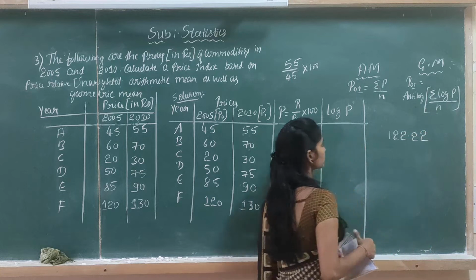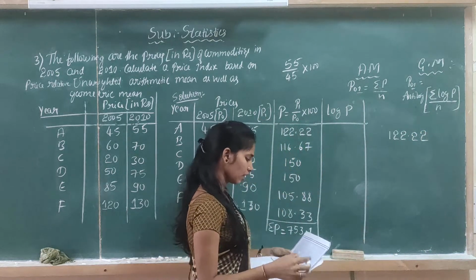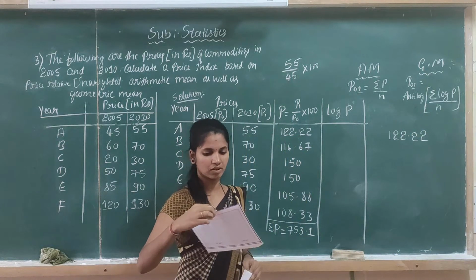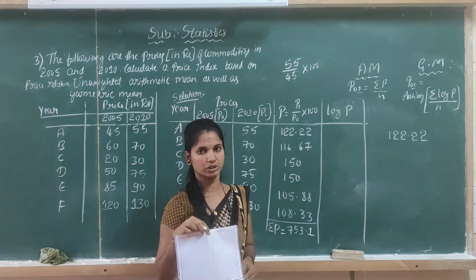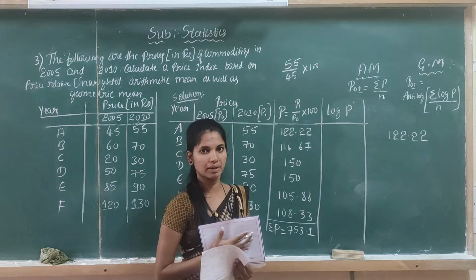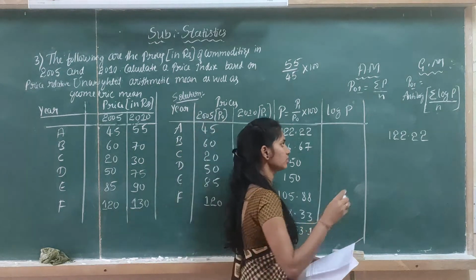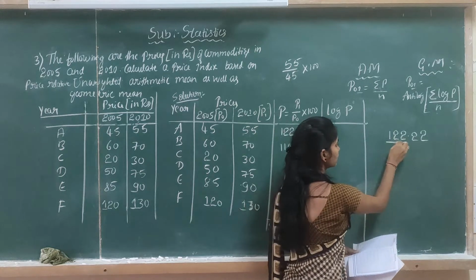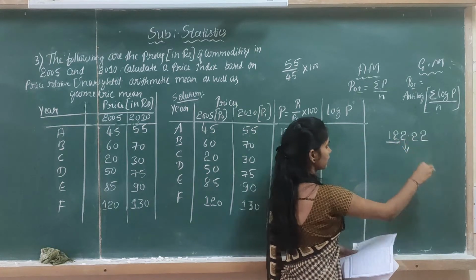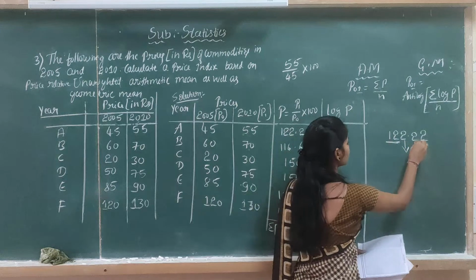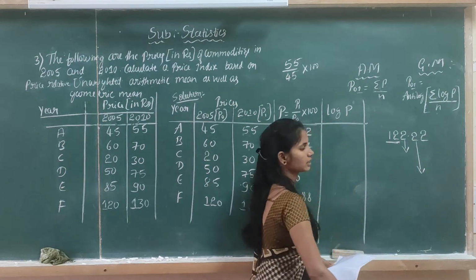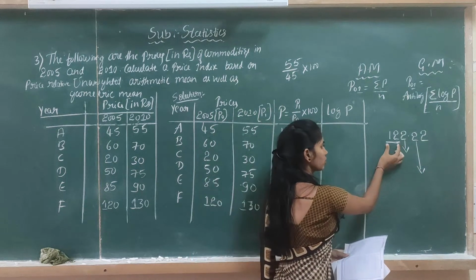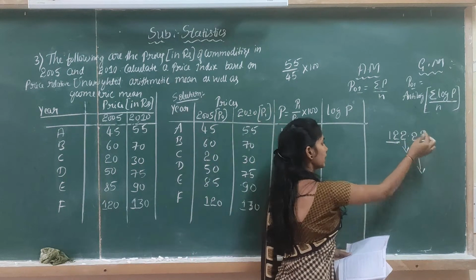For 122.22, you have to see the log table. In the log table there are two pages, logarithm and anti-logarithm. First you have to find the log table. In that you take the 12th row, second column, and the remaining digit from the second mean difference.